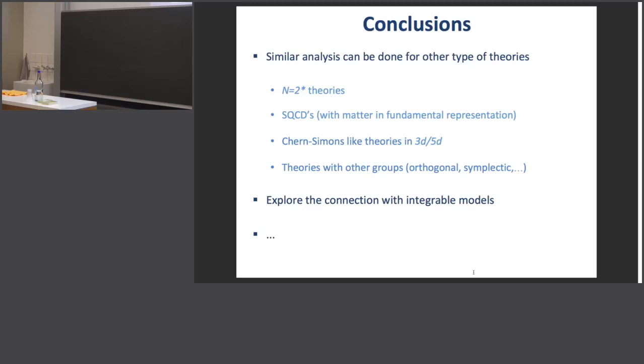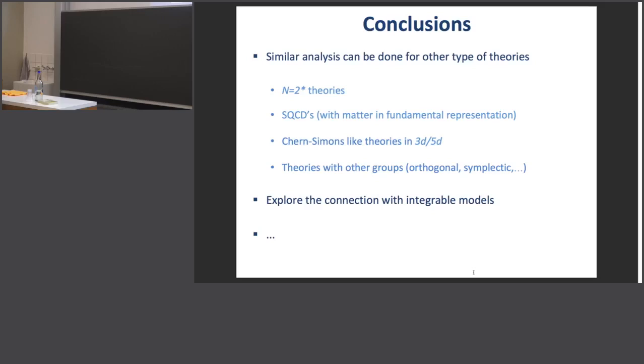The entire construction can be generalized to systems in one dimension higher, so to describe three-dimensional theories inside five-dimensional ones, maybe with coupling also with Chern-Simons-like structure, and also generalize the entire thing to other groups.